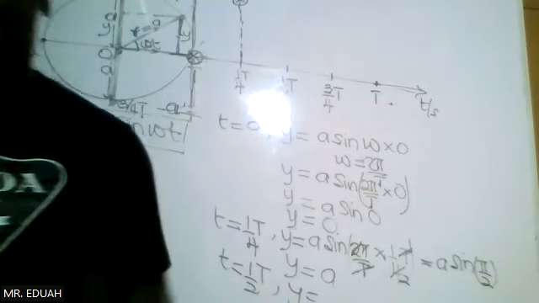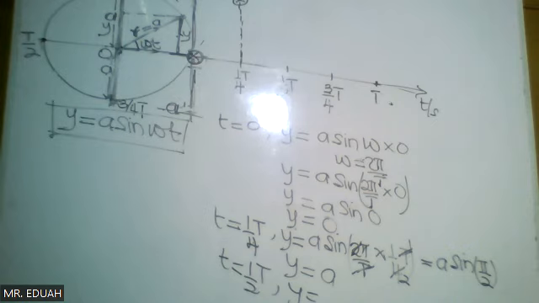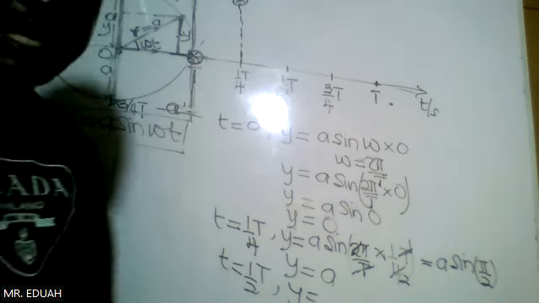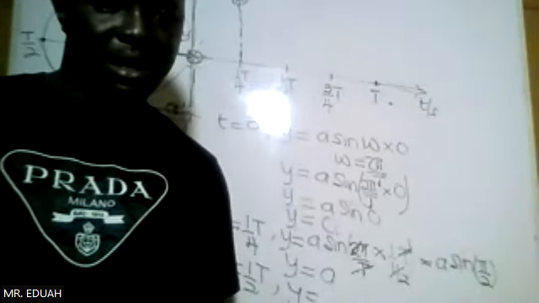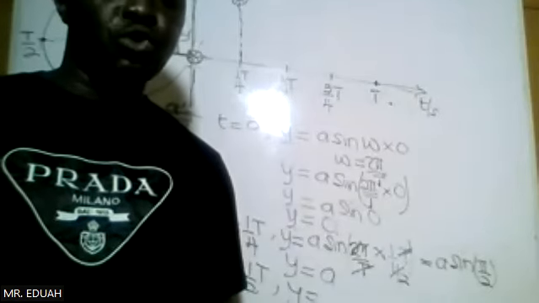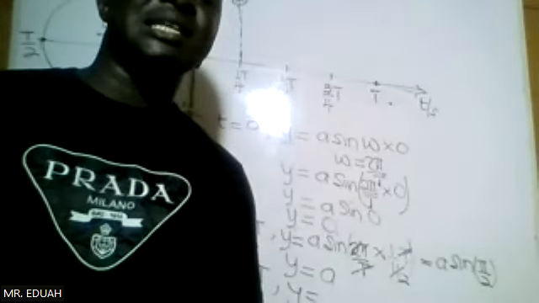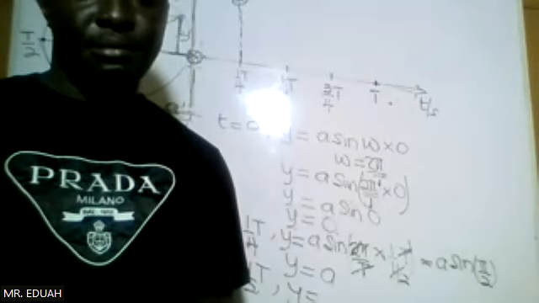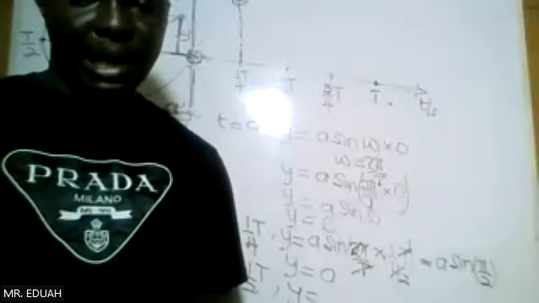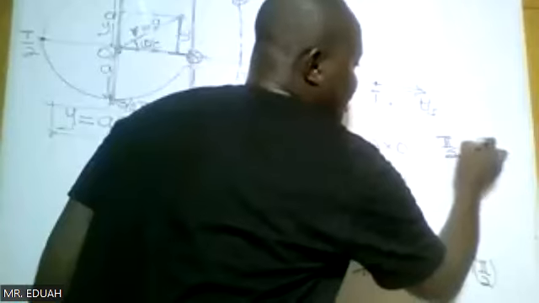Pi on 2 is an angular measurement in radians. The equivalence of half pi or pi on 2 in degrees is 90. So pi on 2 in degrees is equal to 90 degrees.